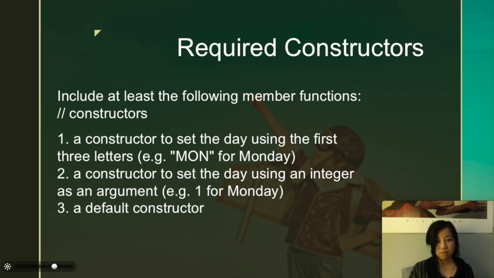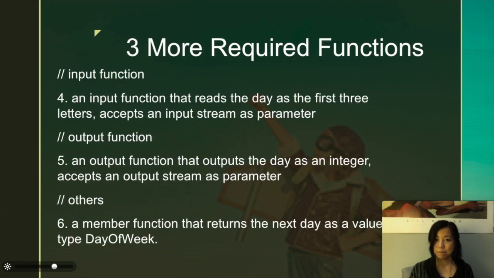Monday is represented by 1 in this project. A second constructor sets the day using an integer as an argument. So if 1 comes in, then you set that to 1, knowing that it will represent Monday. The default constructor has no parameters, as you saw already.